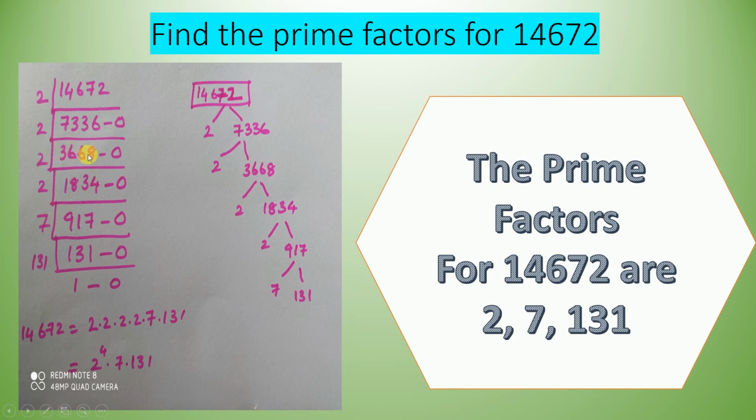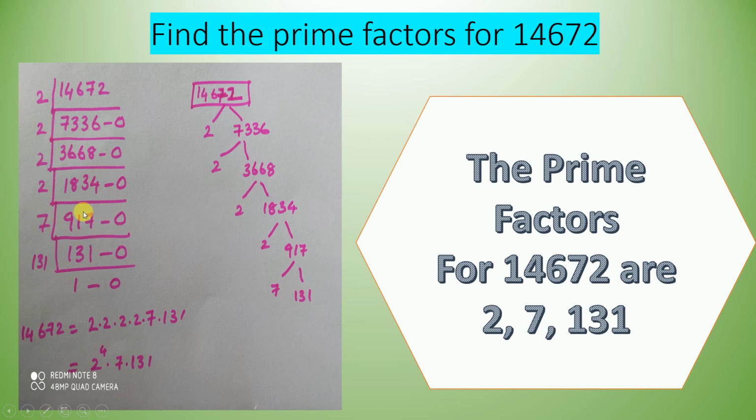Then this 3668 is divisible by 2 because it ends with 8, which is an even number. 2 1s are 2, 2 8s are 16, 2 3s are 6, 2 4s are 8. 0 remainder. Then this is again an even number. It is divisible by 2. 2 9s are 18. Okay, 2 1s are 2, and you have 1 remaining. 2 7s are 14.